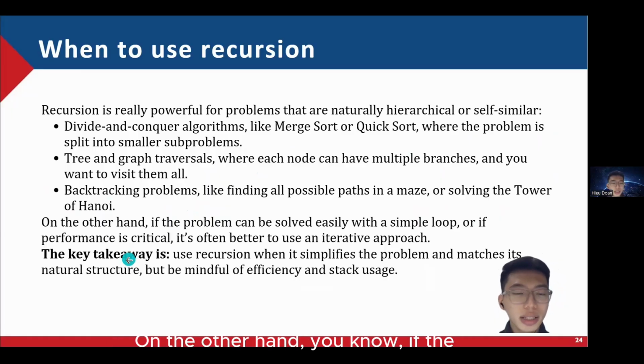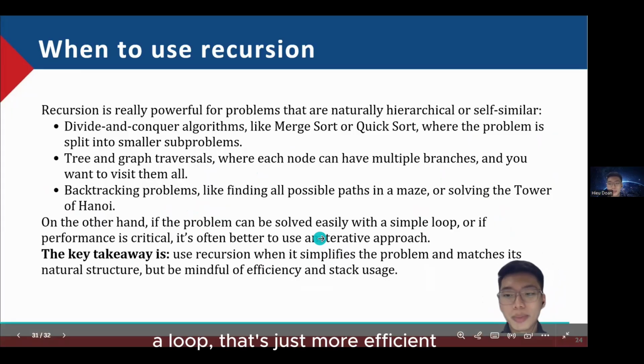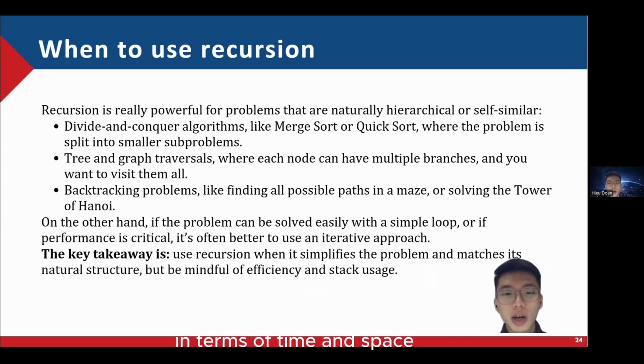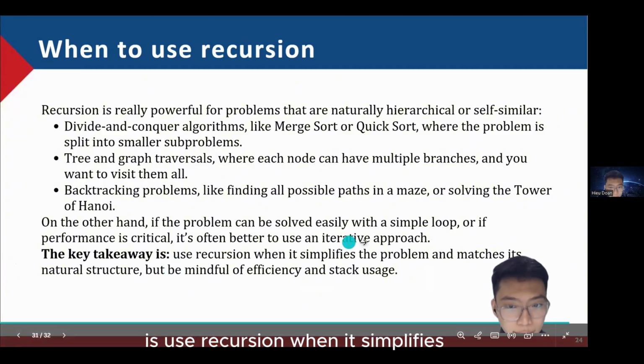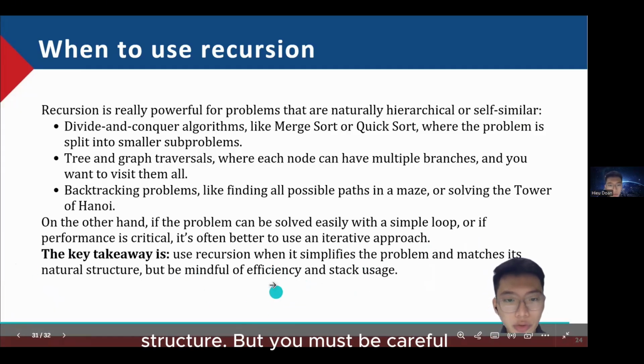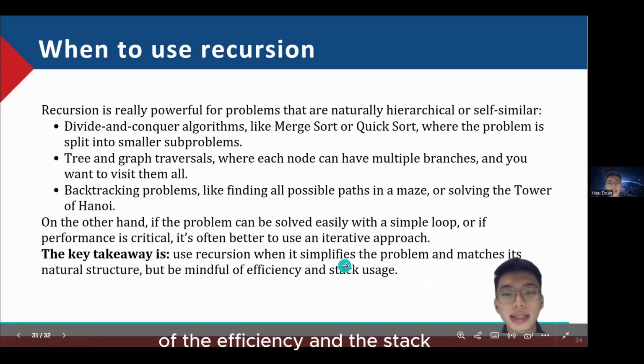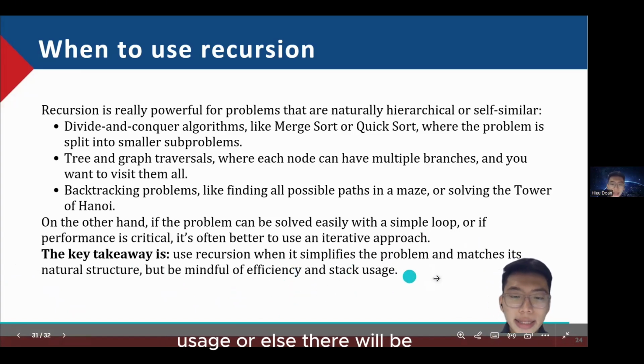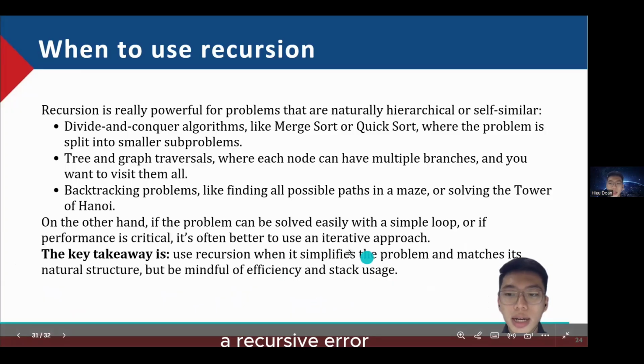On the other hand, if the problem is not that difficult or can be solved easily with a loop, just use a loop. That's more efficient in terms of time and space complexity. So the key takeaway is to use recursion when it simplifies the problem and matches its natural structure. But you must be careful of the efficiency and the stack usage, or else there will be a recursion error due to stack overflow.